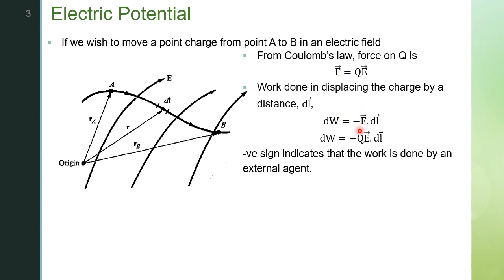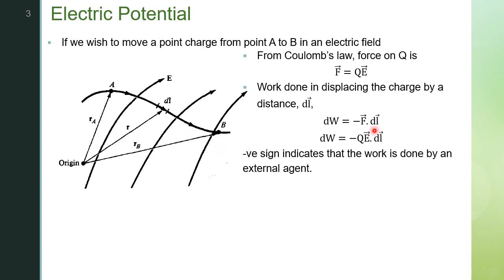So F is a vector, displacement is also a vector. So it is F dot dl, and we are putting a negative sign because this work in moving that charge is done by an external agent. That is, the charge is not moving by itself. An external electric field or something is pushing the charge from one point to another.